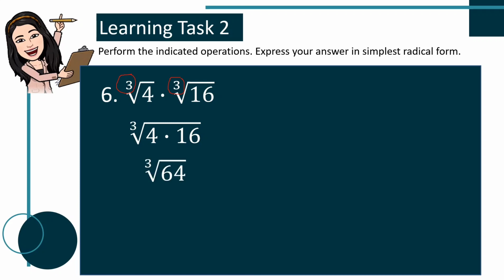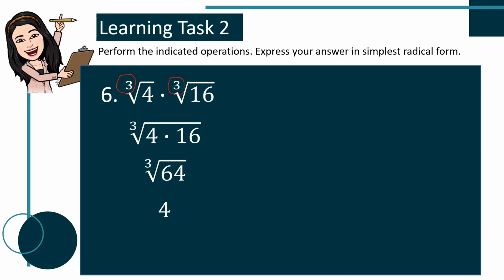And tingnan natin kung pwede natin i-simplify si cube root of 64. If you noticed, ang cube root of 64 ay exact po. So, what is the cube root of 64? Meron bang isang number na pag minultiply natin by 3 times sa kanyang sarili will result sa 64? That would be 4.